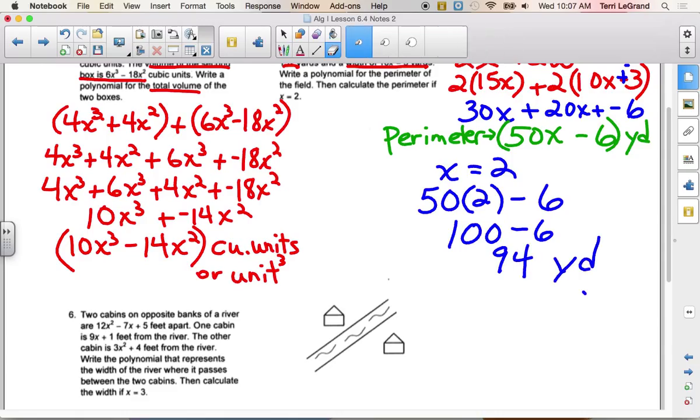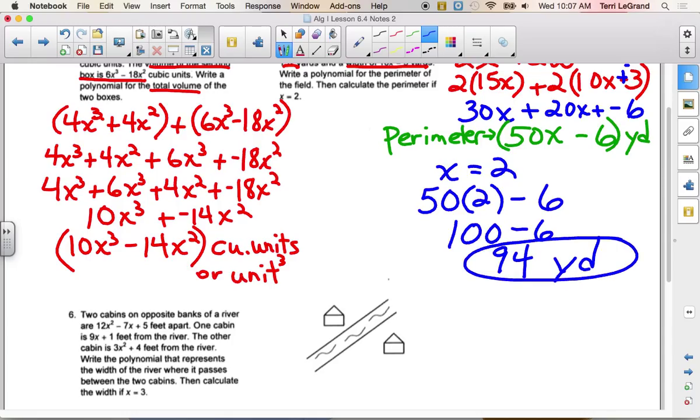Do we need parentheses around that 94? No, that's a monomial. We don't need to put any. We have our total perimeter when x is equal to 2. Okay, so any questions on that one?